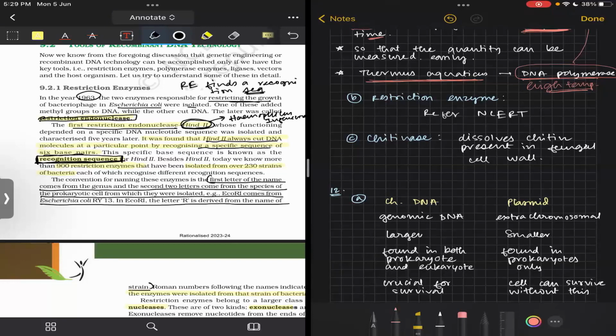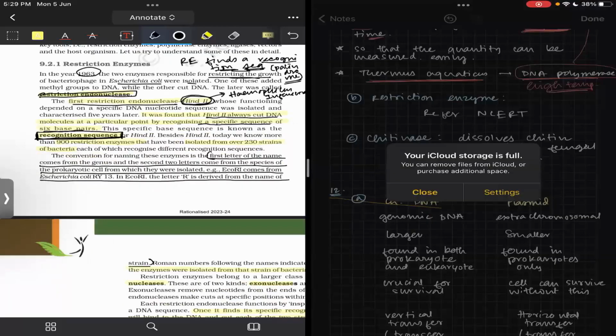Okay. And now we have more than 900 restriction enzymes that have been isolated from over 230 strains of bacteria. So this was just information.